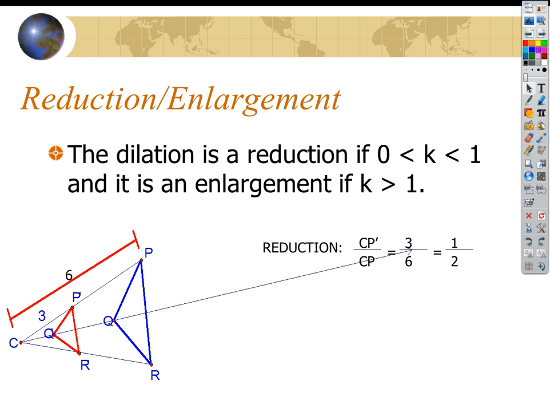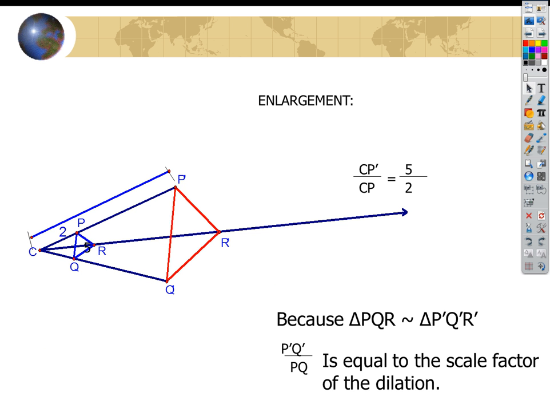How do you remember easily if it should be 3/6 or 6/3? Well, you told me it's a reduction, right? If it's a reduction, the fraction has to be less than 1. And so the smaller part has to be in the numerator, right? Make sense? So that's a reduction, scale factor 1/2. What about this one? Starting blue, ending red. Would you agree that's an enlargement?